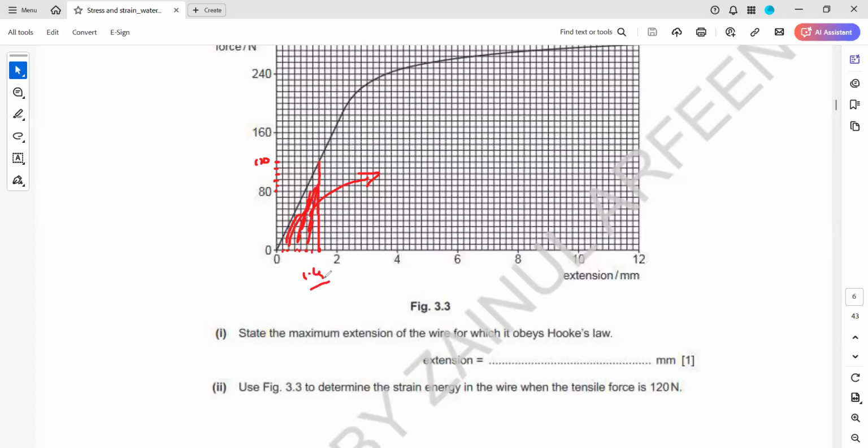Sorry, 1.4. The base is 1.4 millimeter, but I'll convert into meter. So it will be 1.4 times 10 to the power minus 3 meter, and the height is 120. I'll use the formula half base times height. So half times 1.4 times 10 to the power minus 3 times the force 120. We'll get the energy here in joules, which is 0.084. So 0.084 joules is the energy.